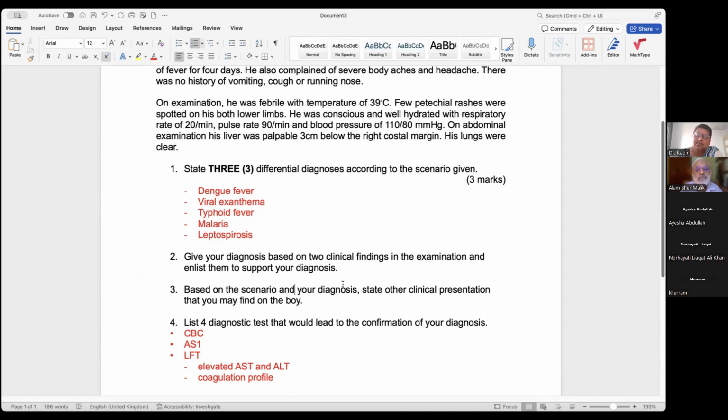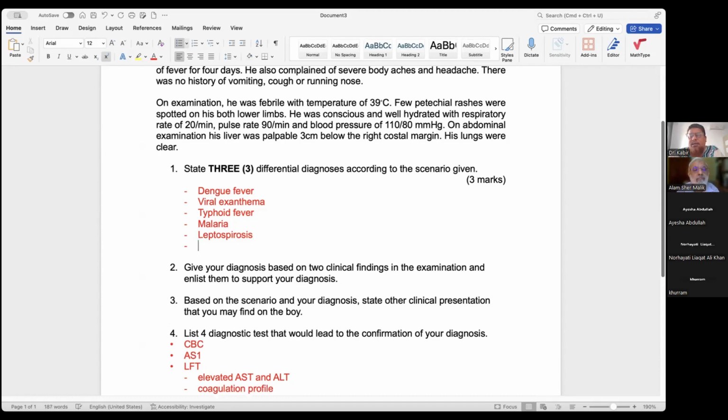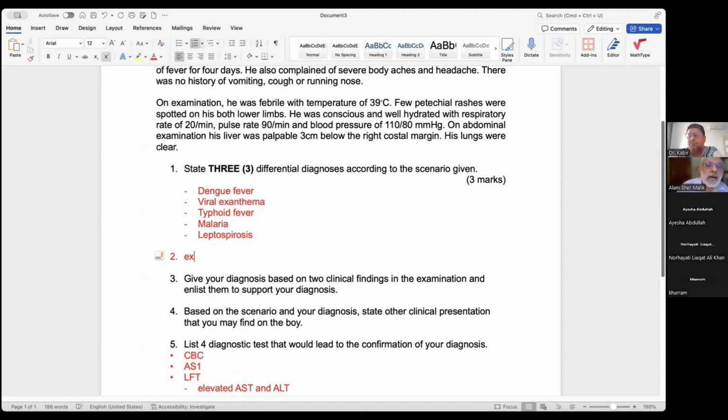Then the next question could be: based on your diagnosis, what are the expected clinical findings you may get? That's right. So in the first question, we can ask for the 3 most likely differential diagnoses. It should not be any 3 differentials. It should be based on likelihood.